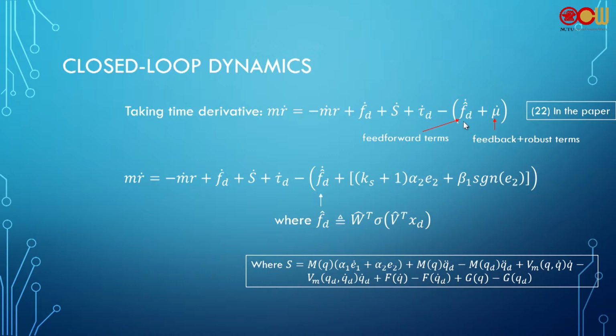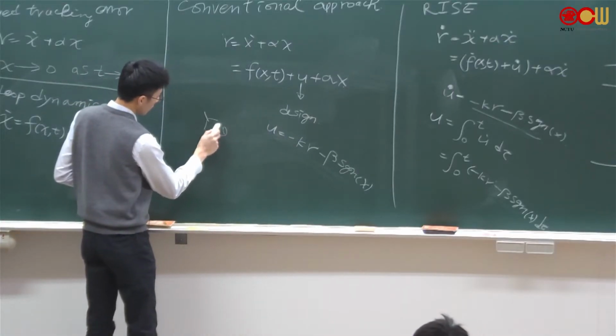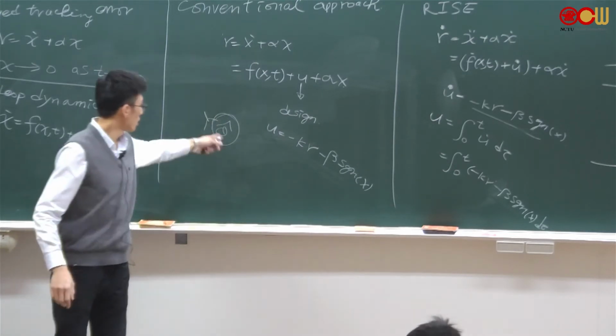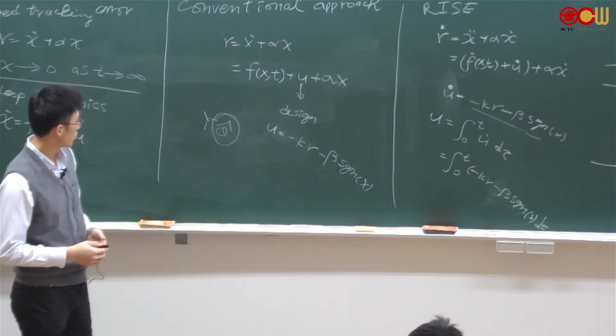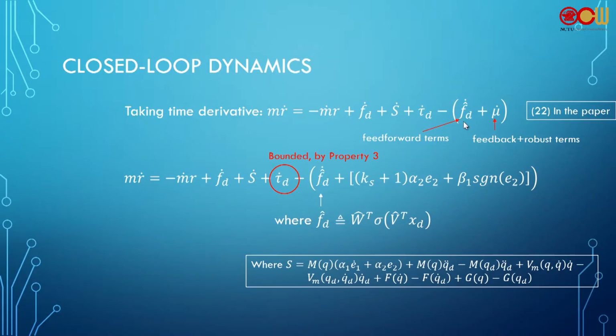And this W hat and V hat are the weights to be estimated, similar to Y theta hat in adaptive control. There's some update law for theta hat. And these are the uncertainties, and they can be upper bounded by constants, according to property 3.